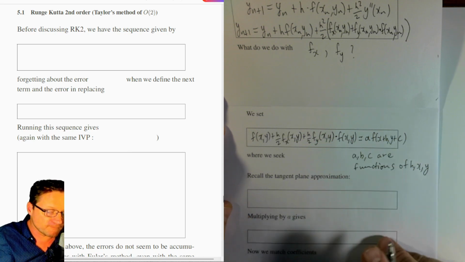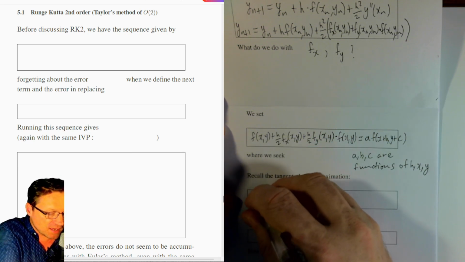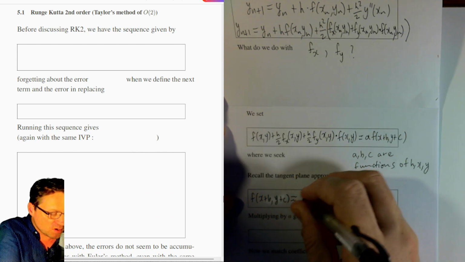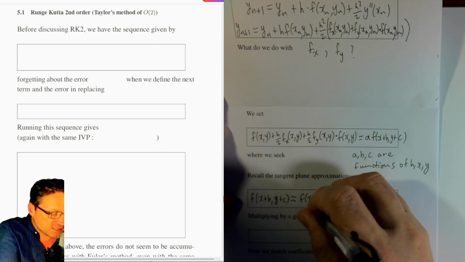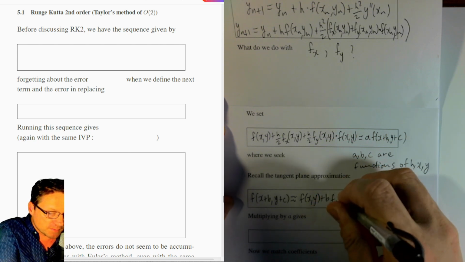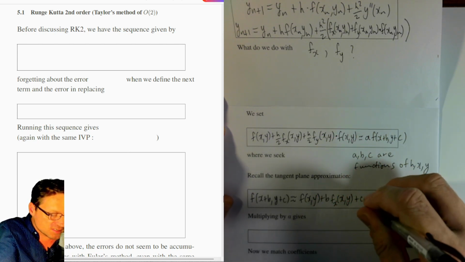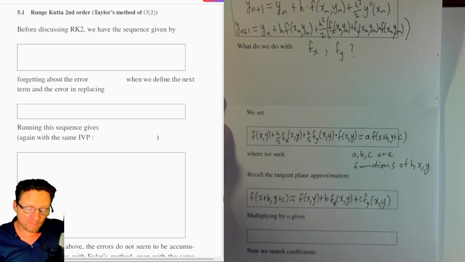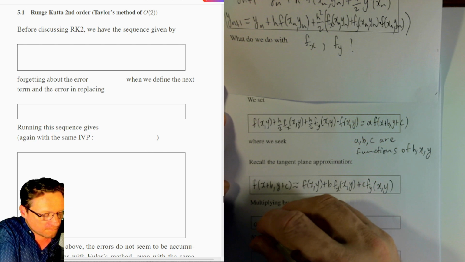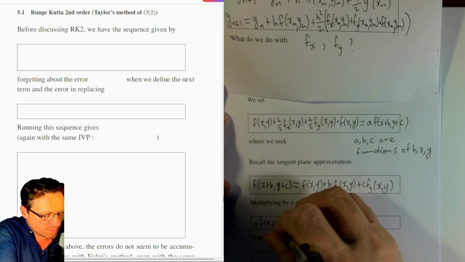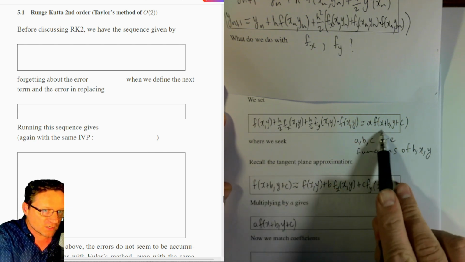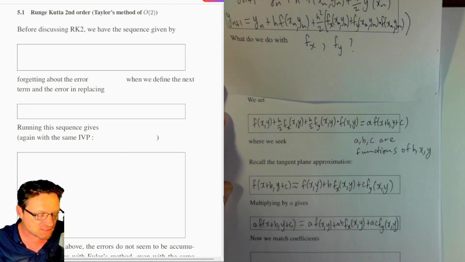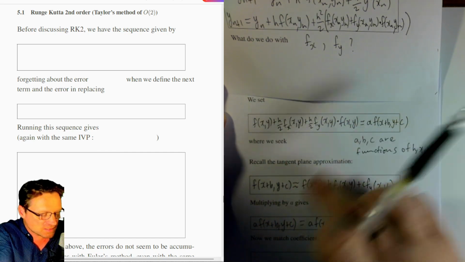Remember the tangent plane approximation: f(x plus b, y plus c) is approximately f(x, y) plus b f_x(x, y) plus c f_y(x, y). Multiplying throughout by a gives us a f(x plus b, y plus c), as we have up here. Now we want to match coefficients, so match this with this because these two are the same.